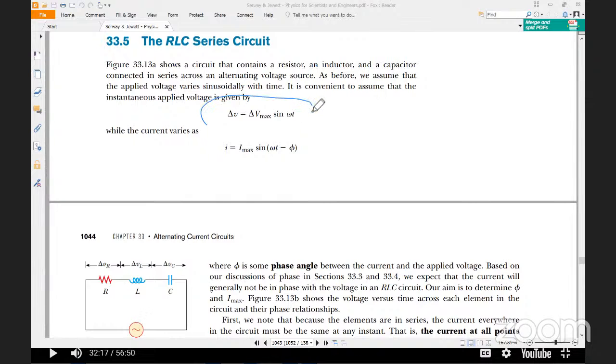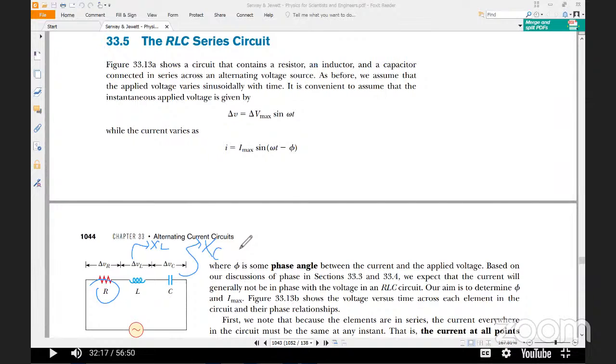Now, if we consider delta V is Vmax sin omega t, so the current must be I maximum sin omega t minus phi. Okay. Now we will learn about the phi. We have here R, the resistor, and then L we express in the reactance, this XL, and then this one is XC.